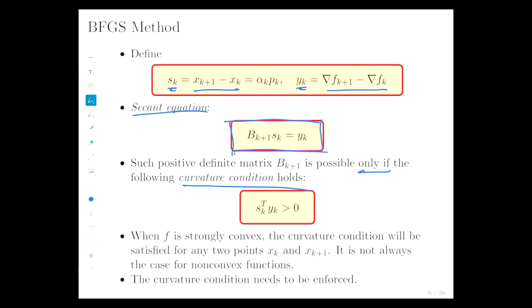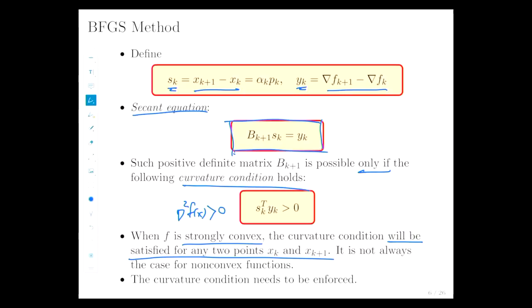Now, if we call F strongly convex, what it really means, and that's the first time we are assigning some algebraic meaning to this statement, is the Hessian of x is positive definite for any x. That means strongly convex. Strongly looks like a ball. The curvature condition will be satisfied for any point x_k and x_{k+1}.